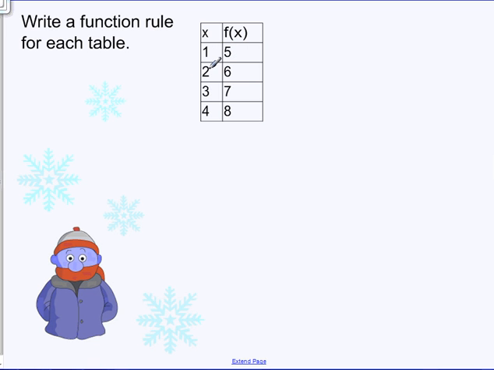How do I go from 2 to 6? Or 3 to 7? Or 4 to 8? So you want to figure out, in order to figure out my f of x, what do I need to do to x? Well, in this case, you add 4.